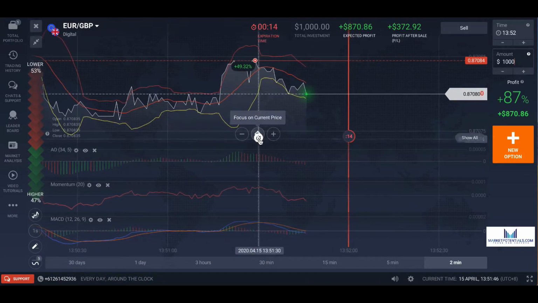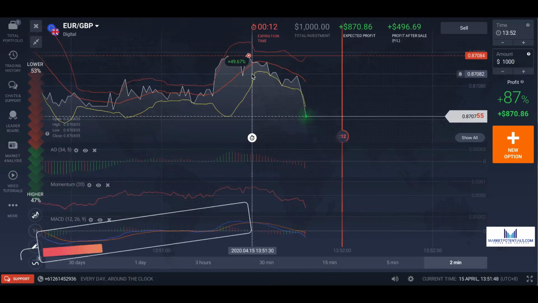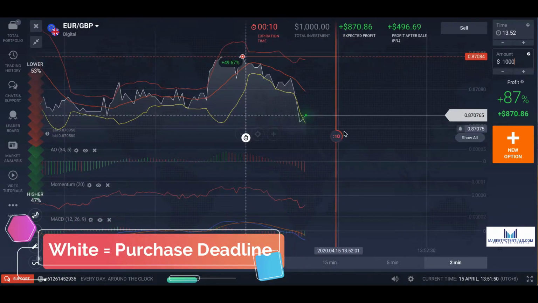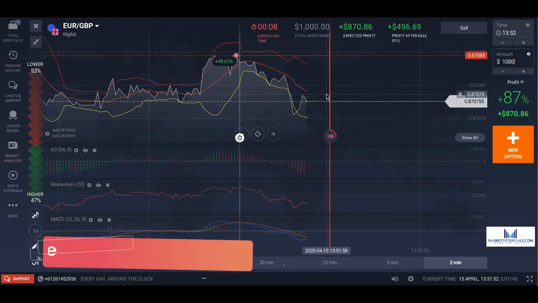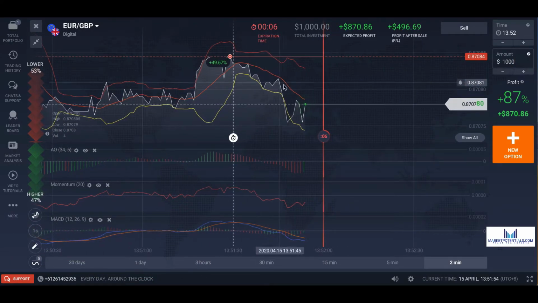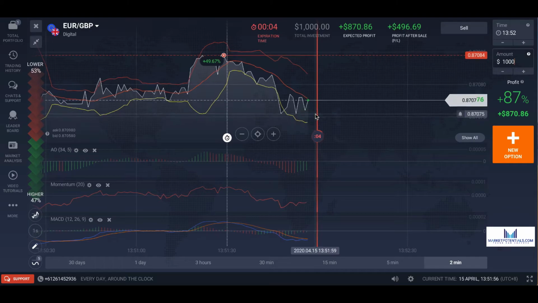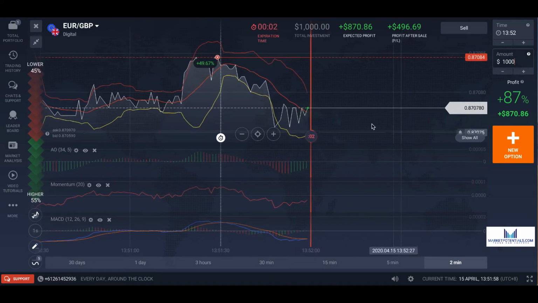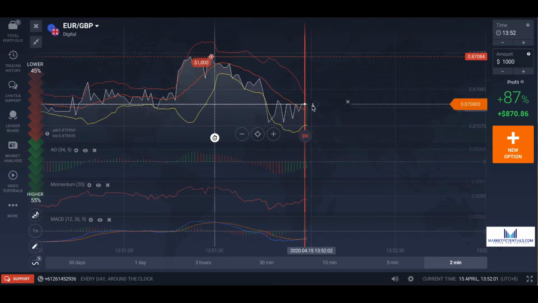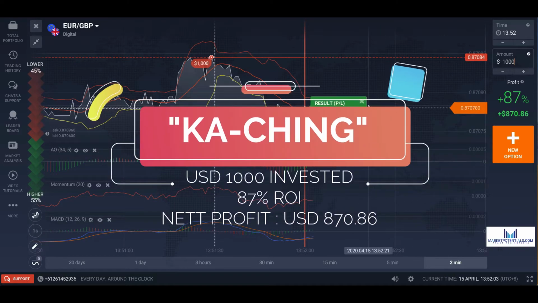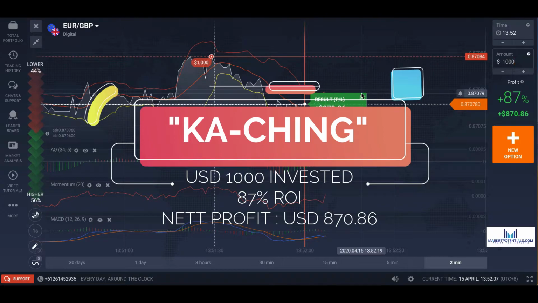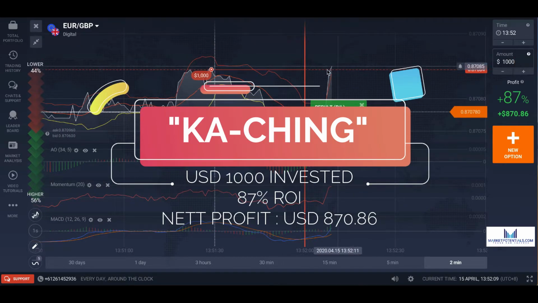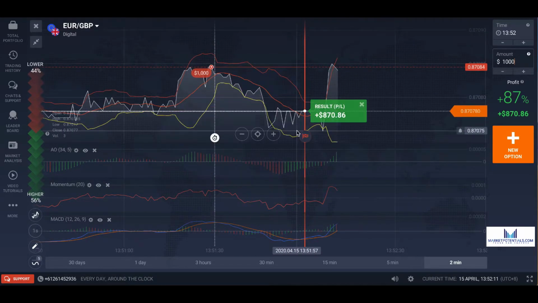Now, this white line that you saw is the purchase deadline. You have to buy before this, and in 30 seconds is the payout. As you can see, things are going fairly according to the direction that I traded, which is lower. And in just a couple more seconds, I would pocket $870. And as you guys saw, that's $870.86 in profit.